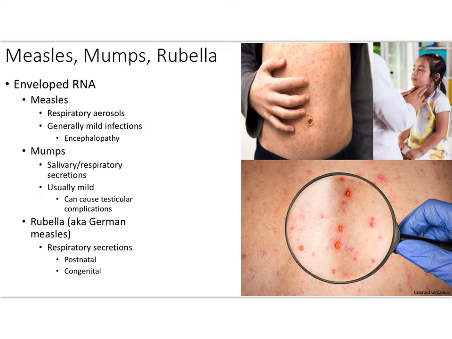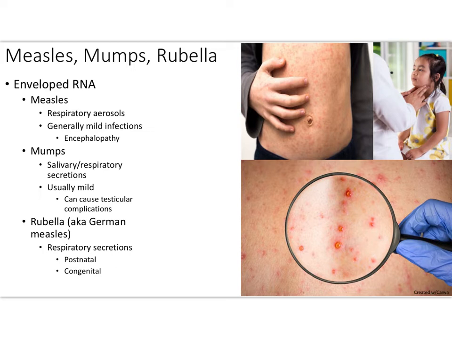And most of the time, they cause fairly mild illnesses, but especially with measles and rubella, things can get out of hand and cause long-lasting damage or sometimes even death. So with measles, the way this is spread is through respiratory aerosols.